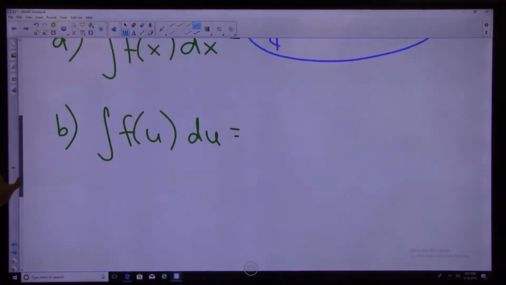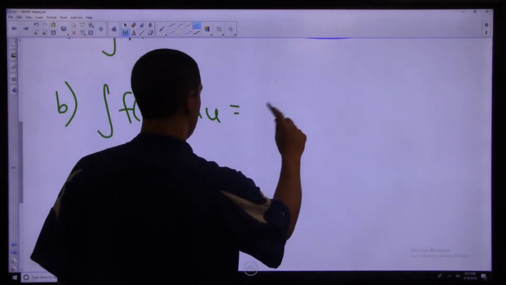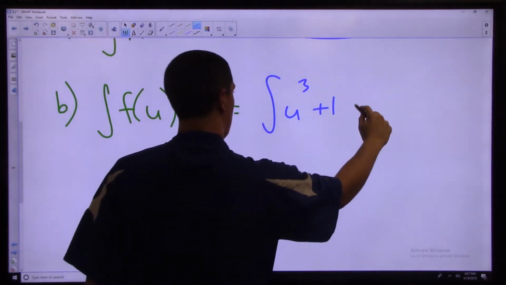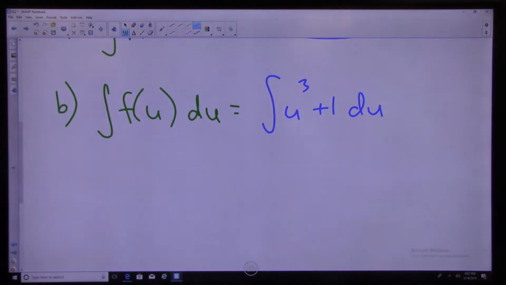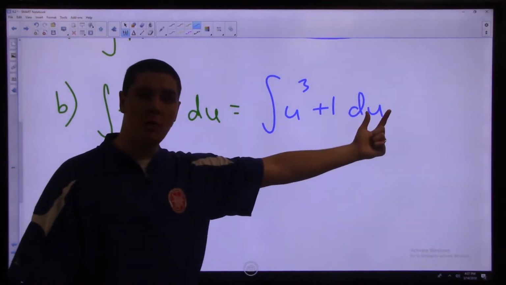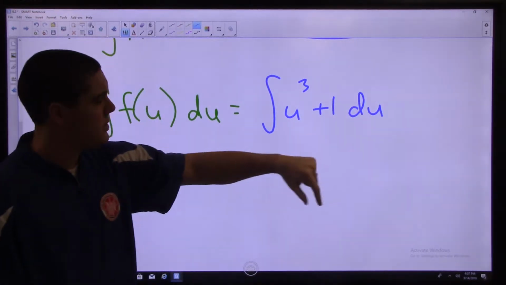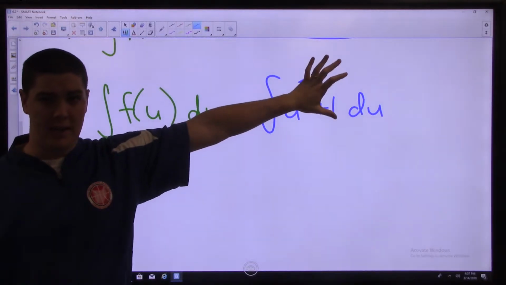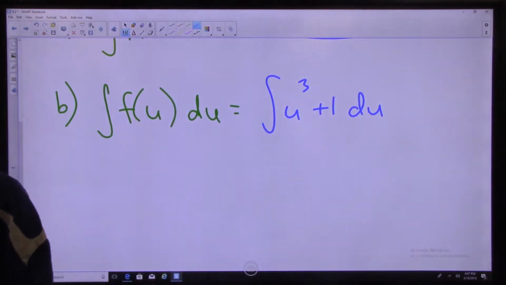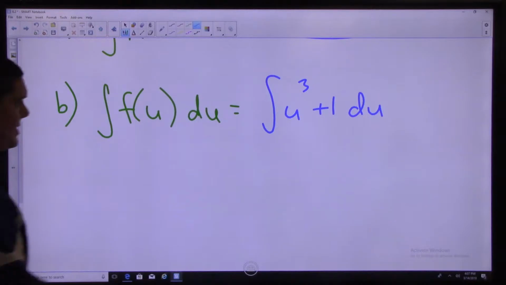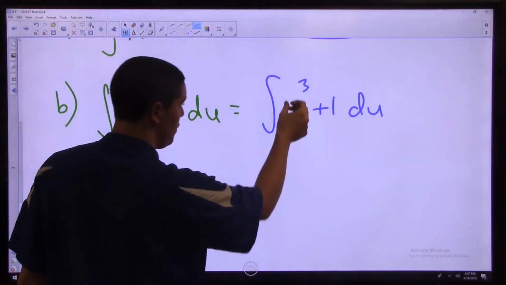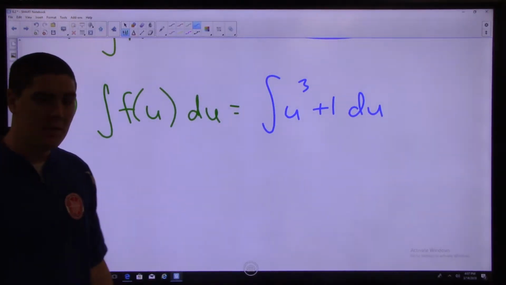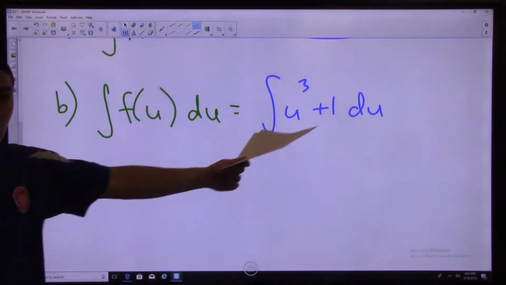So the integral of f of u du is going to be the integral of u cubed plus 1 du. This du always tells us what variable we want to integrate with respect to. Since we're integrating with respect to u, we can just take the antiderivative. It's very similar to what we had, except the variable is u.